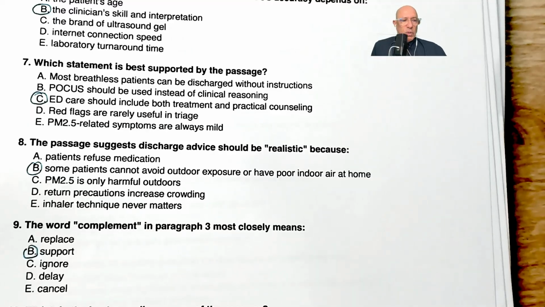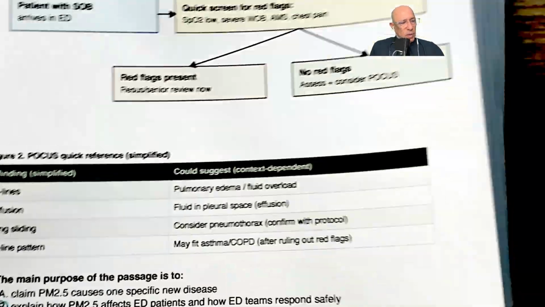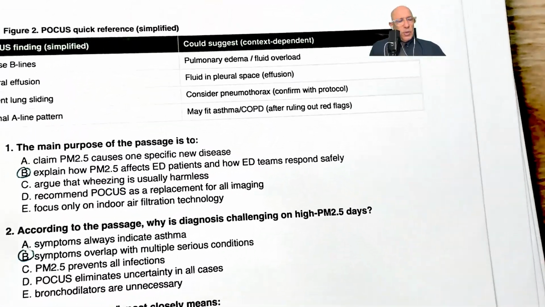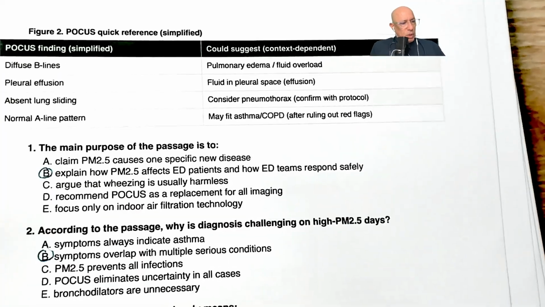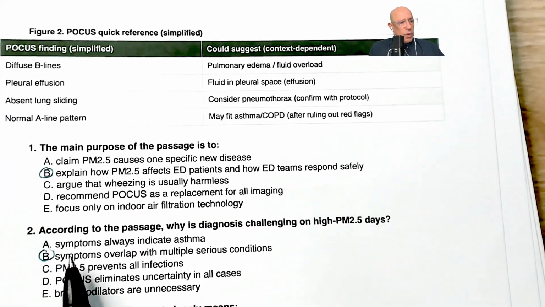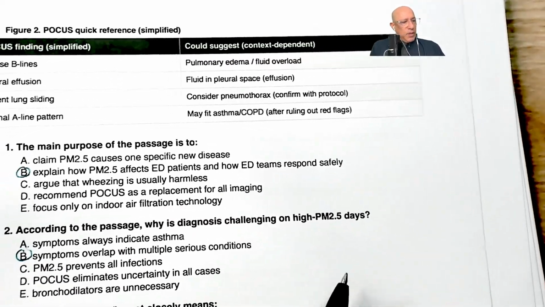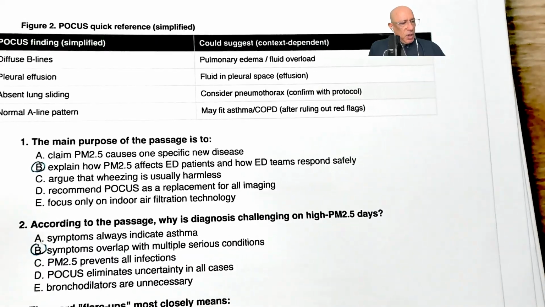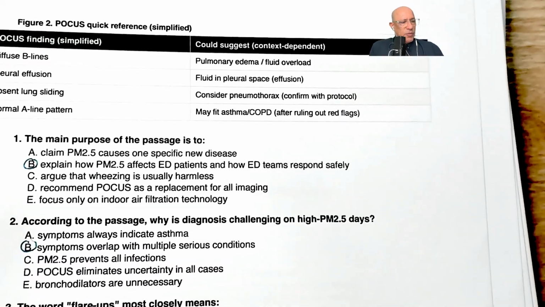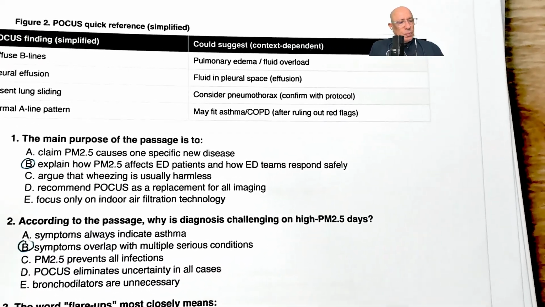All right, let's continue taking a look at the answers. In review, question 1, B. Question 2, according to the passage, why is diagnosis challenging on high PM 2.5 days?